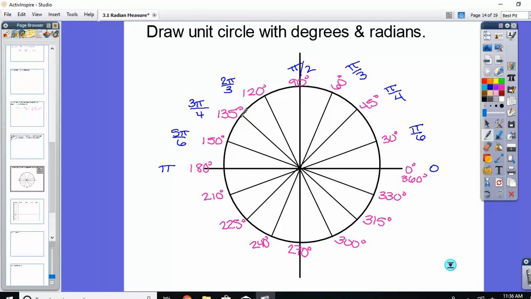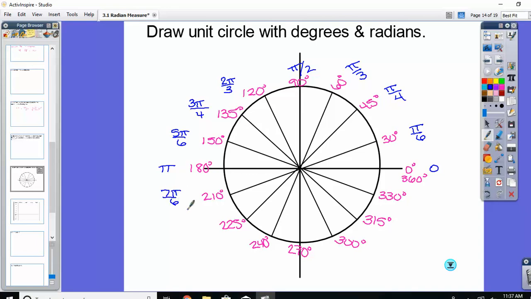Let's go to the third quadrant. At 210, any idea what you think the denominator might be? 6 probably, right? It's a reference angle of 30 again. Why don't you do 210 times pi over 180? What do we get? 7 pi over 6. Okay, so my denominators still match the reference angle.